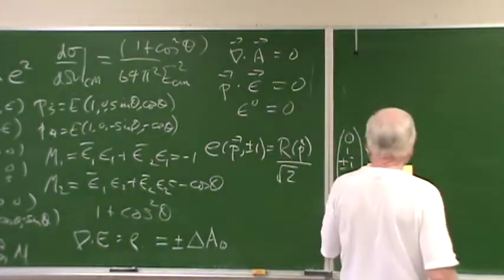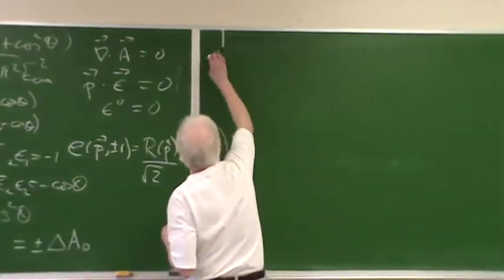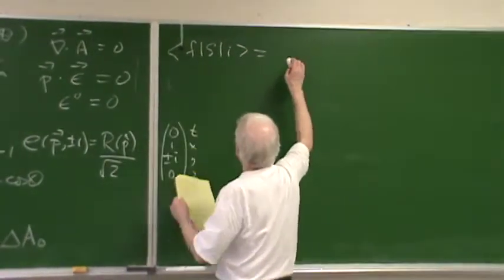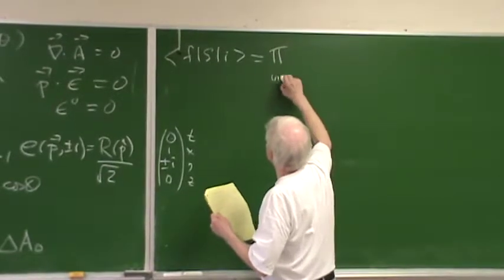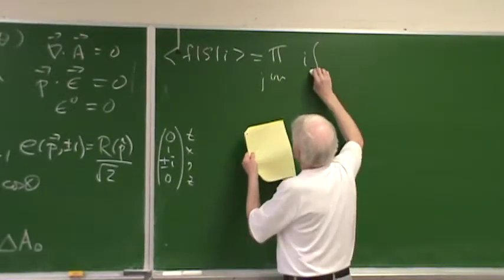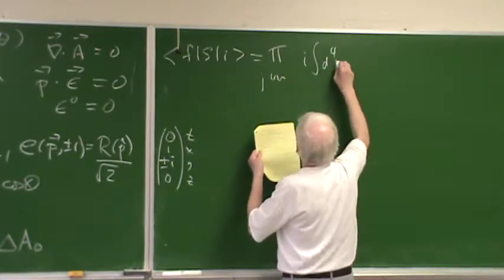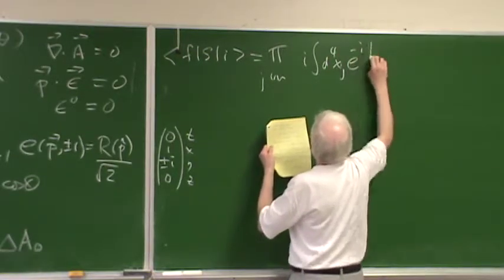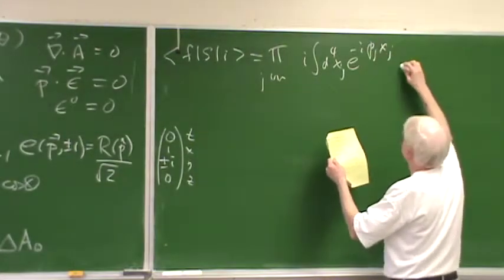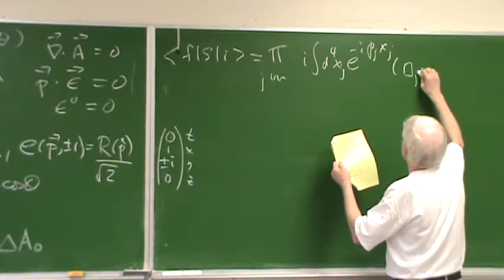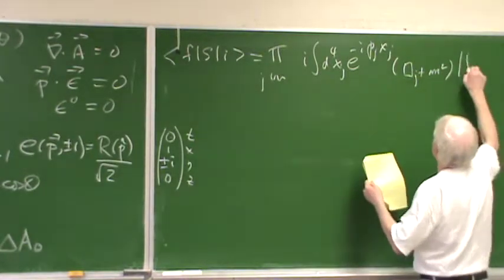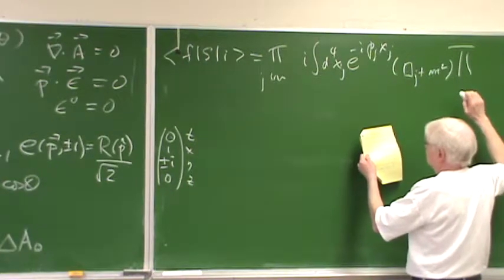So what is this reduction formula? It's the product over initial states, and let's use label j, of i integral d4 x_j e to the minus i p_j x_j, that's the Lorentz inner product, box_j plus m squared, times then the product over the final states.